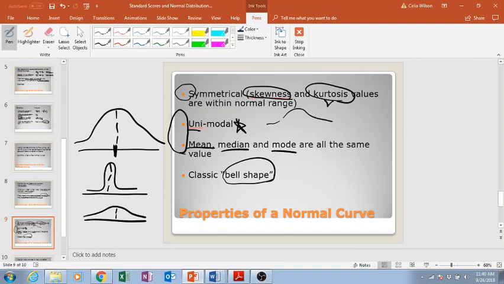Okay, and we'll get into more of that in just a little bit. And so I'm going to say this is a no, this is a no. Our normal curve has that nice bell shape.